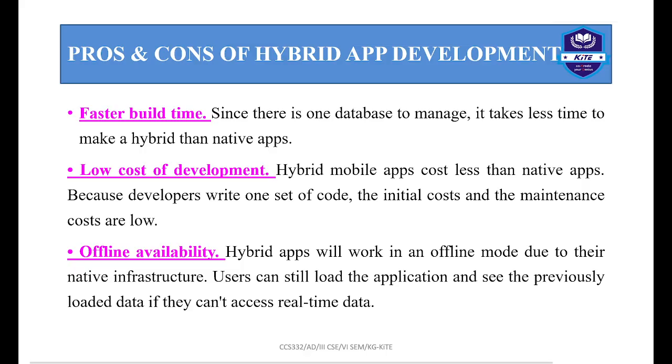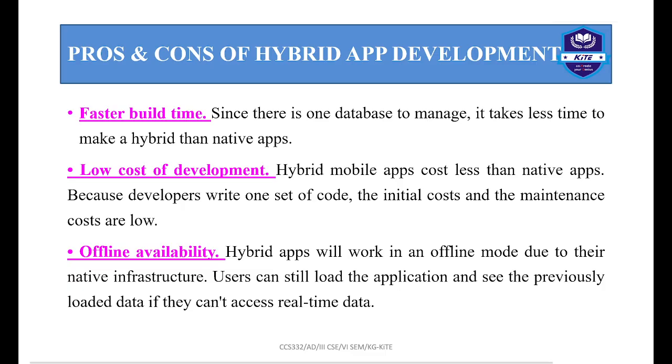Next is faster build time. It requires less time to make a hybrid app than a native application. Next is low cost of development. The app cost is less when compared to the native app because developers will write only one set of code. The initial cost and the maintenance cost are low, and it could be quickly incorporated for other platforms.